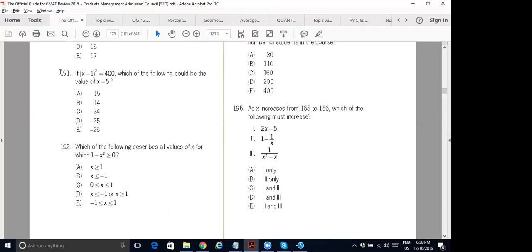How will you do question number 191? The 20 or let's say 21 minus 5, 19, 19, 20.